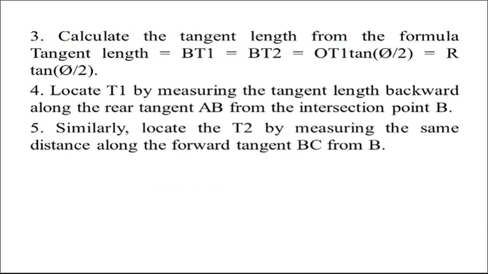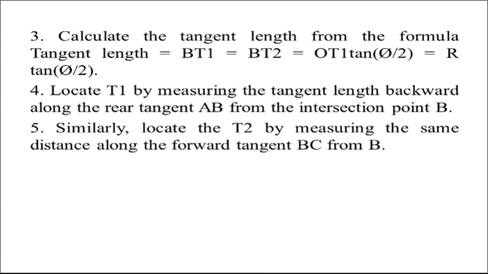Third step is to calculate the tangent lengths from the formula: tangent length BT1 is equal to BT2 is equal to OT1 into tan of phi by 2, where OT1 is nothing but the radius of the curve, so R into tan of phi by 2.